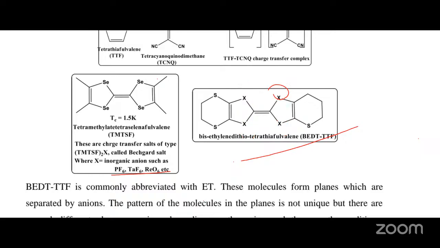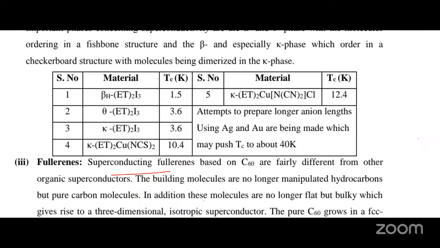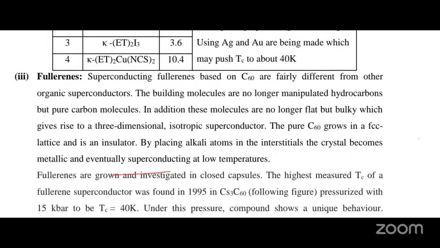Next, you know about fullerenes. This is one of the allotropic forms of carbon. The well-known fullerene is C60, called Buckminsterfullerene. It is no longer hydrocarbons; pure carbon molecules are present.